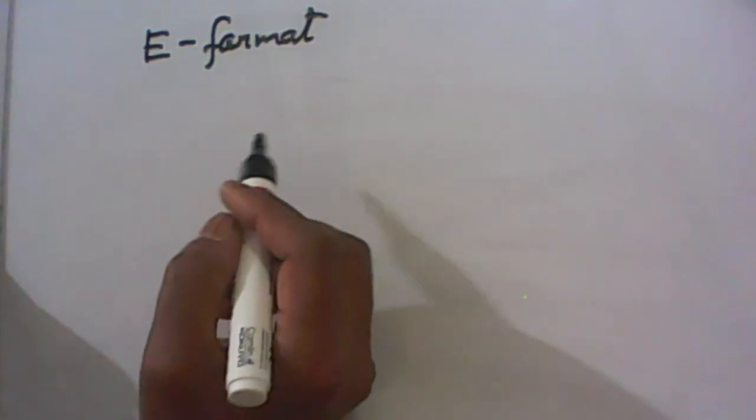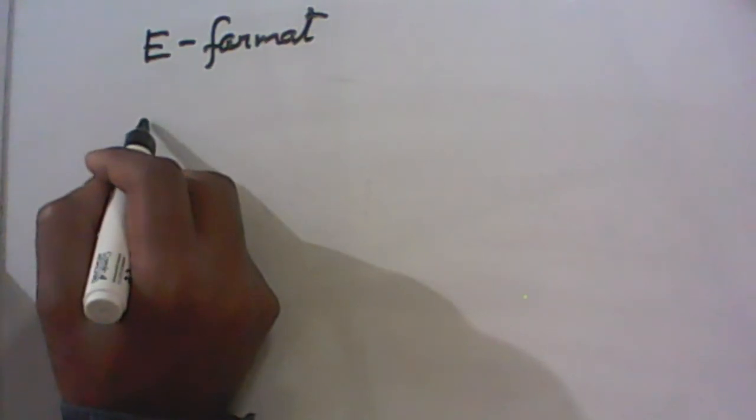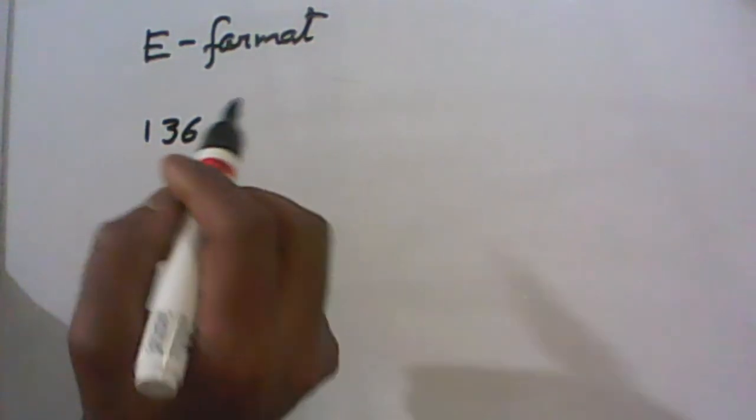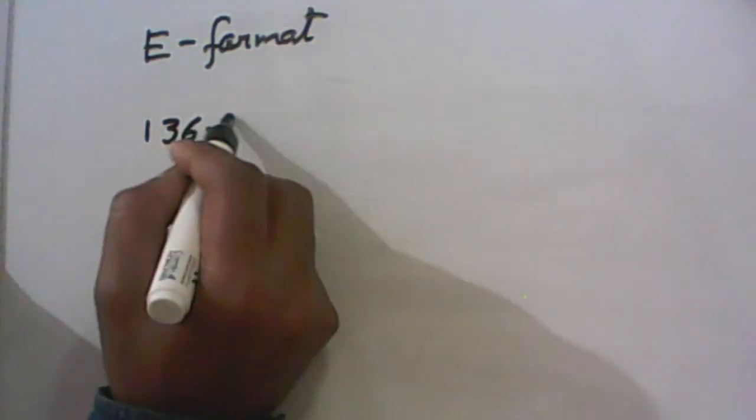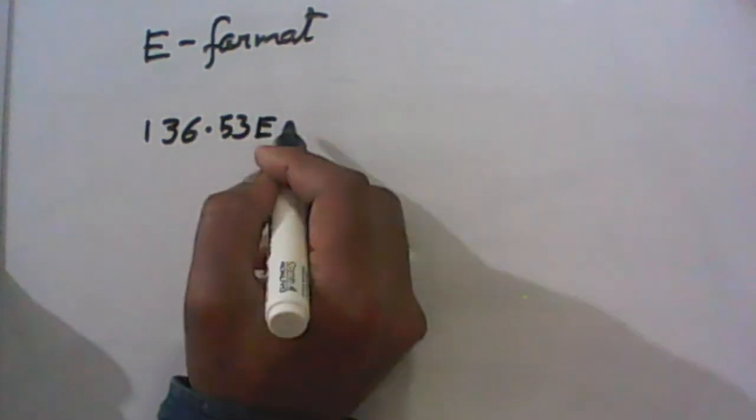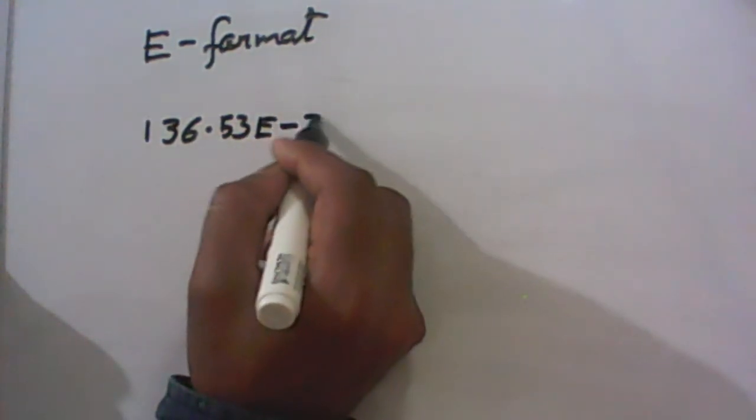Let me say I have a number in the exponential form as 136.53, 3 e to the power minus 3.